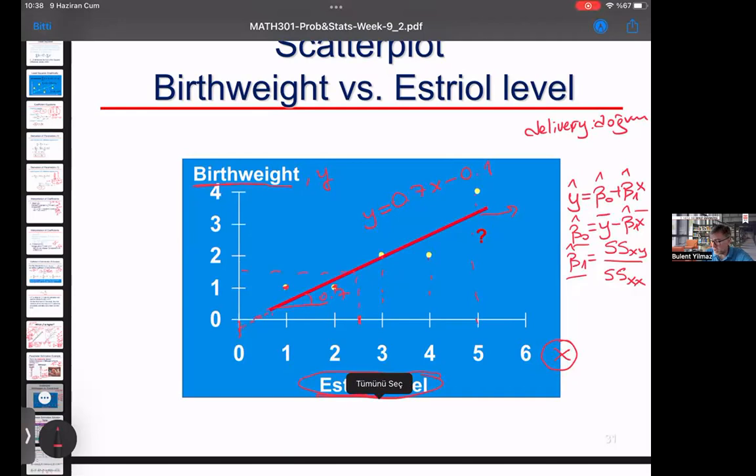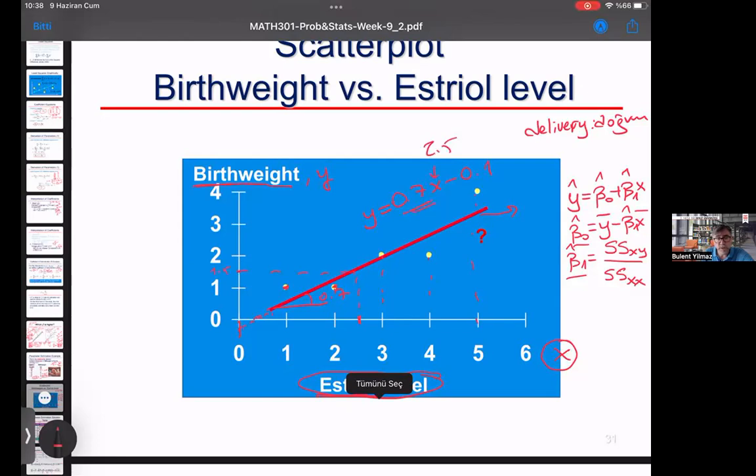Yes, using this equation, I can do that, right? I'm going to put 2.5 here, 2.5 times 0.7, which is something like 1.75, minus 0.1, it's going to be 1.5 or something like that.